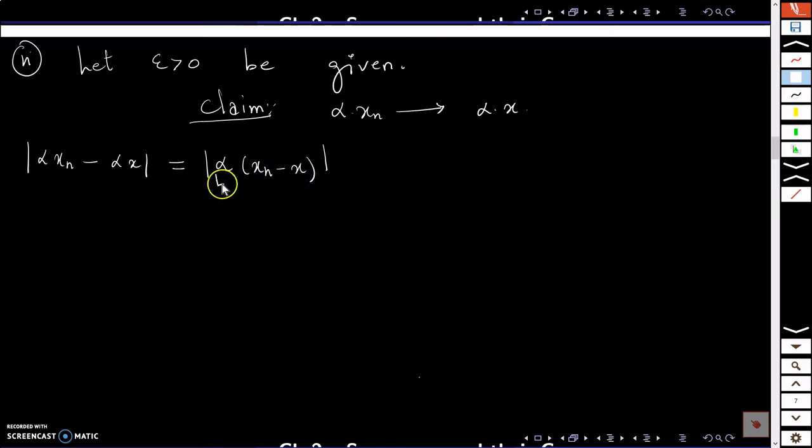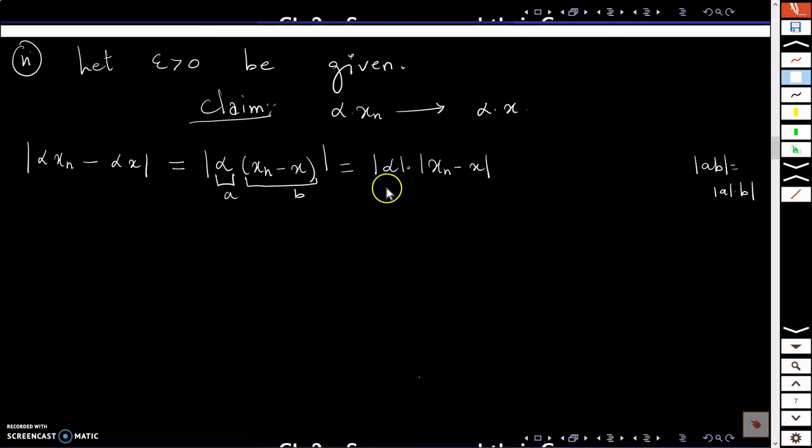And if you think of this alpha as a and this term as b, then it is of the form modulus of ab, and that is equal to modulus of a into modulus of b. So if I apply that property of the absolute value function, then this is nothing but mod alpha into mod xn minus x. So we have to estimate this now. Is there any way of estimating this xn minus x? How can you estimate this?